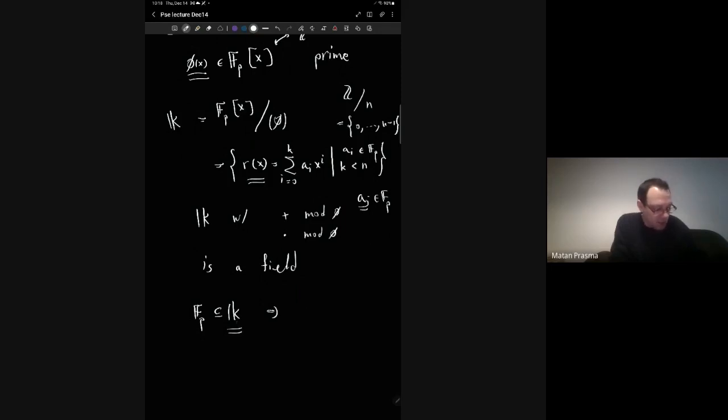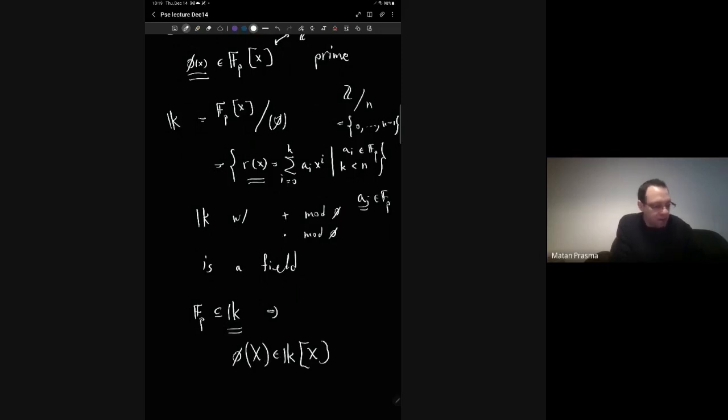So I consider polynomials over K with capital X as the variable. And then I can simply think of phi as a polynomial in this setup, right?